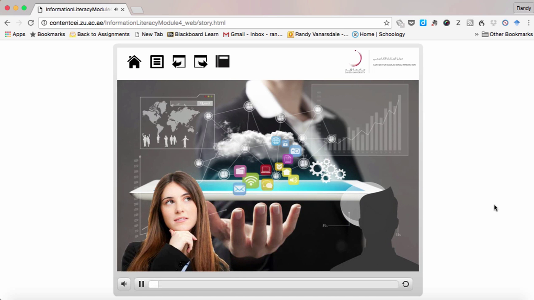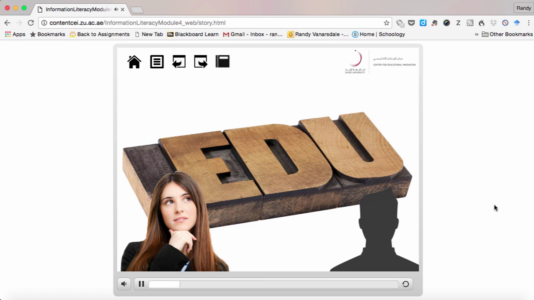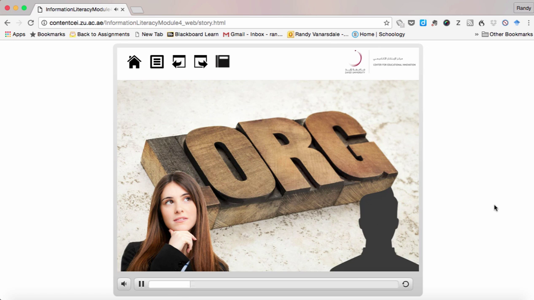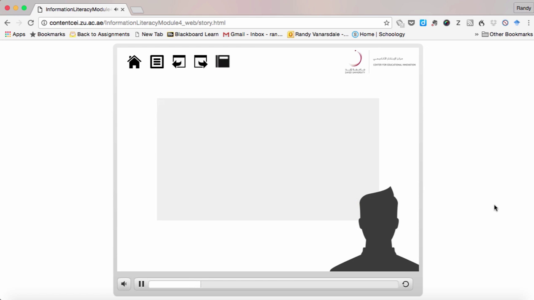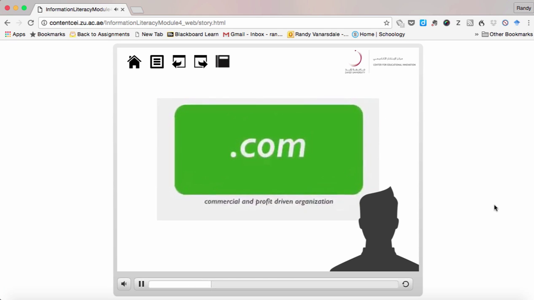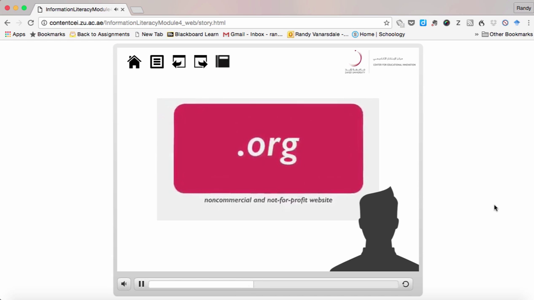If you are using a website, pay attention to the domain name .com, .edu, .org, .ae. .com means that this is a commercial and profit-driven organization, and this might lead to biases or inaccuracy. As for .org, it means that this is a non-commercial and not-for-profit website, and the information would be more reliable.